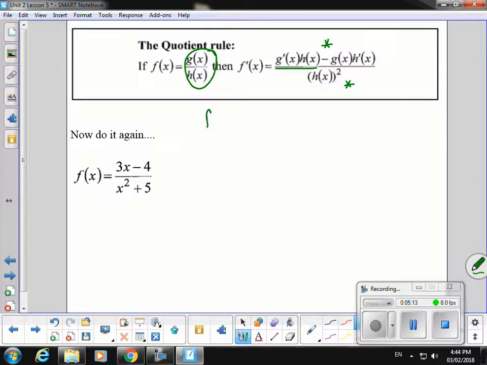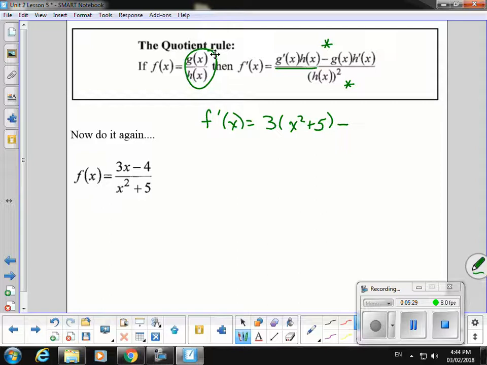Let's do it. The derivative is, using the quotient rule, the derivative of the top, which is 3, times the bottom exactly the way it is, x squared plus 5. Pause.